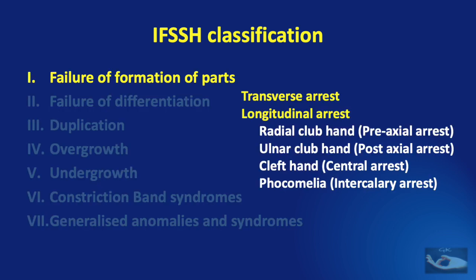Under the failure of formation of parts, there were 2 categories: transverse arrest and longitudinal arrest. Longitudinal arrest could be a radial club hand, which was a pre-axial arrest, ulnar club hand, which was a post-axial arrest, a cleft hand, which was a central arrest, and phocomelia, which was an intercalary arrest.